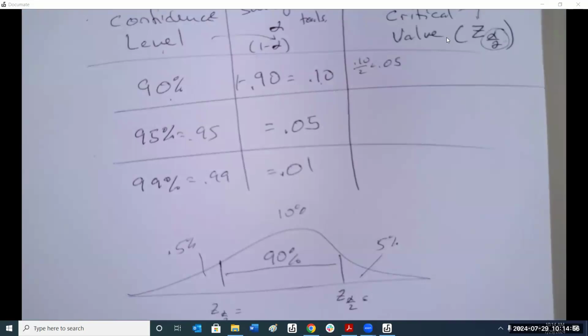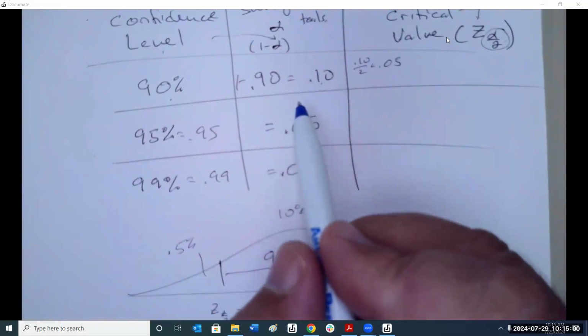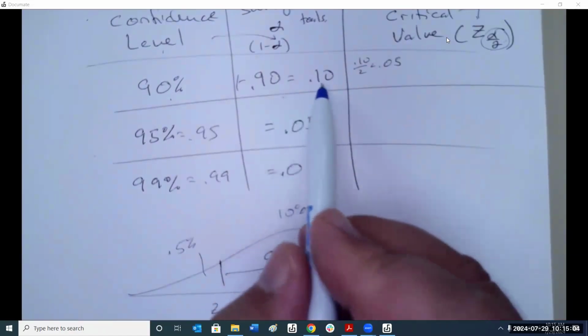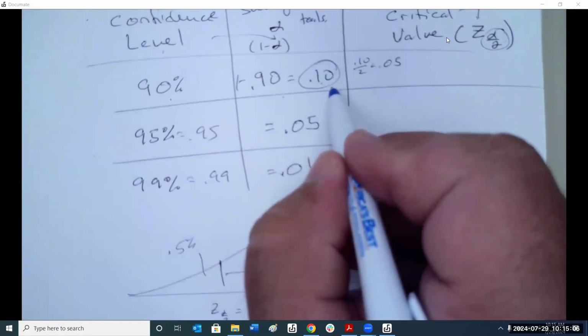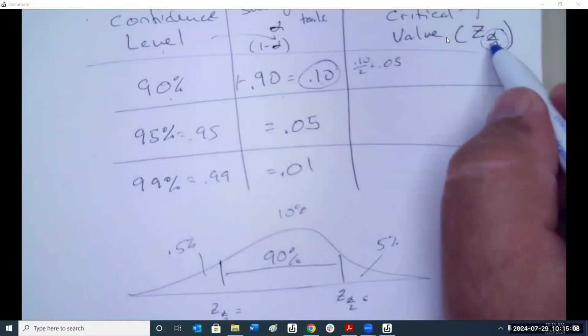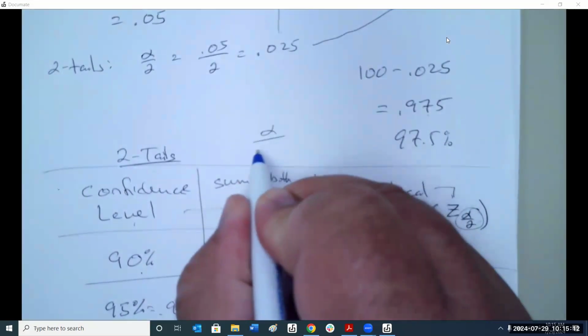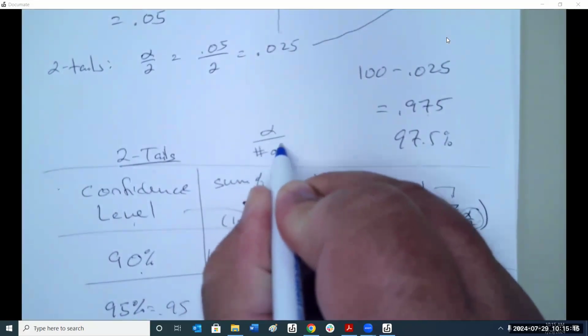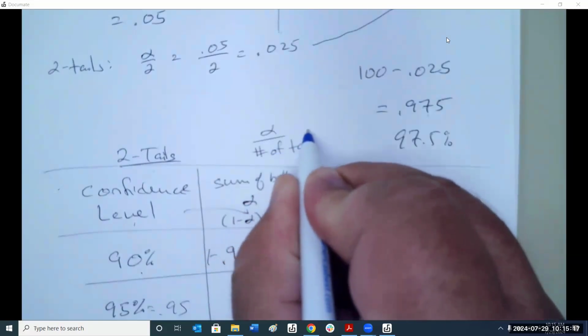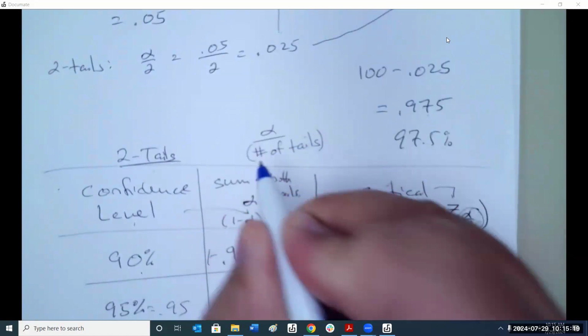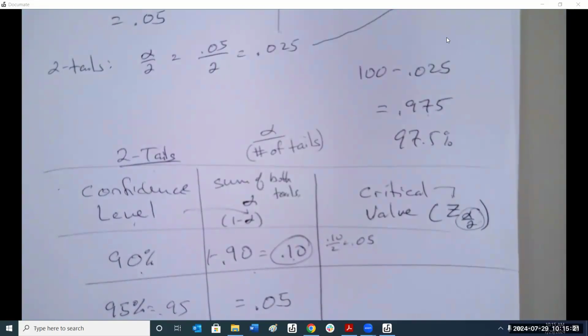We got 0.10 from that, and we divide it by 2 to get the critical value. So we take alpha and divide it by the number of tails.